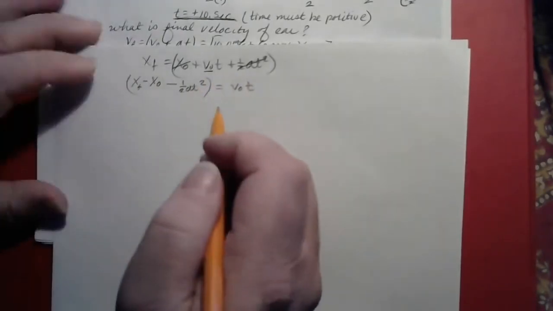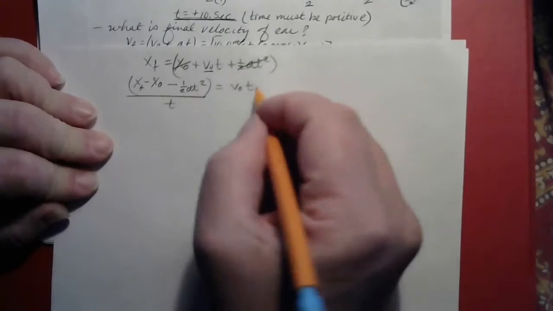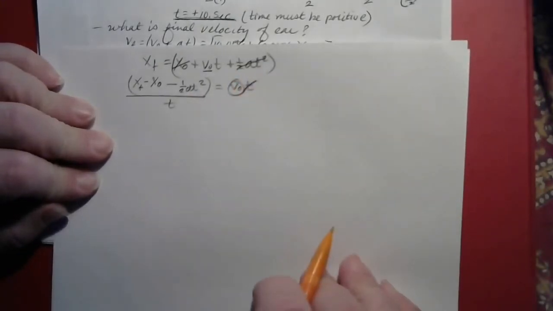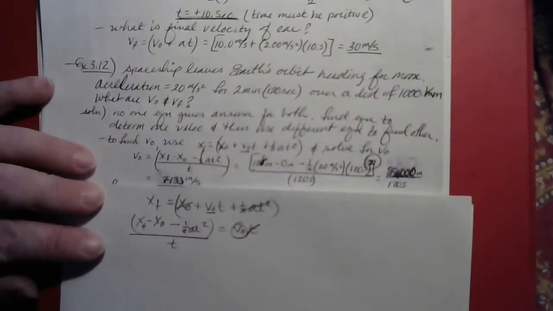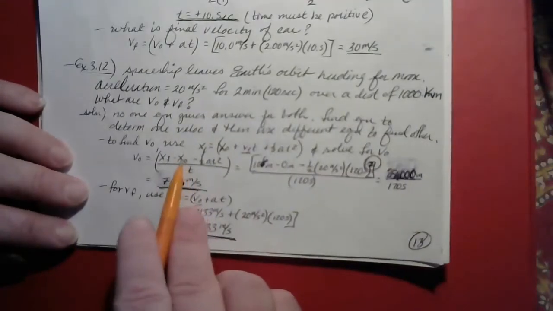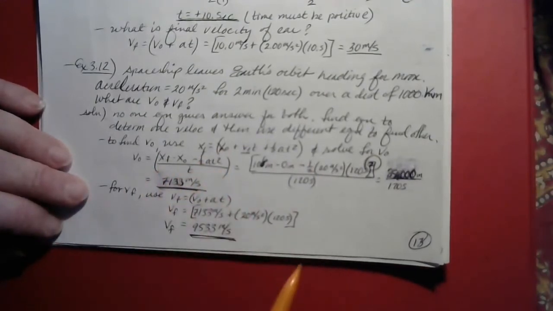So at that point, all you would have to do is divide both sides by t, and that will get rid of that t. Now you've got v original. And it better be what we came up with. So v original is final position minus original position minus 1/2 at squared, over t.